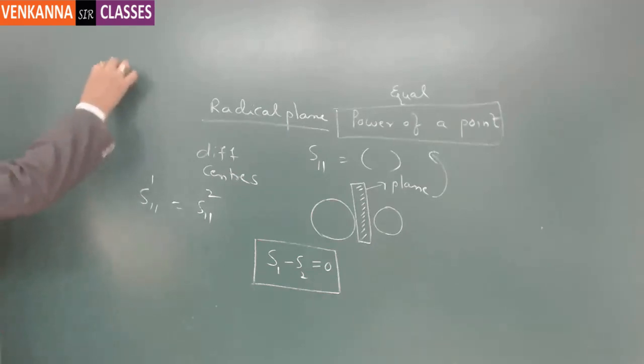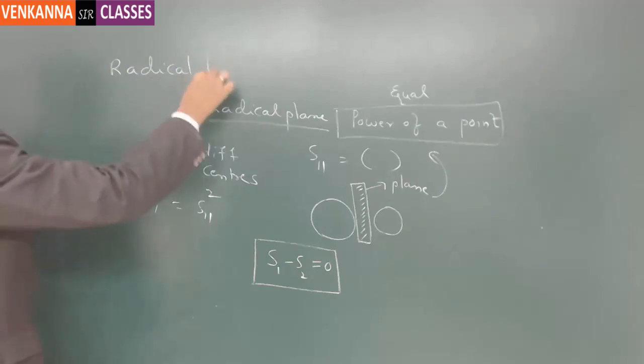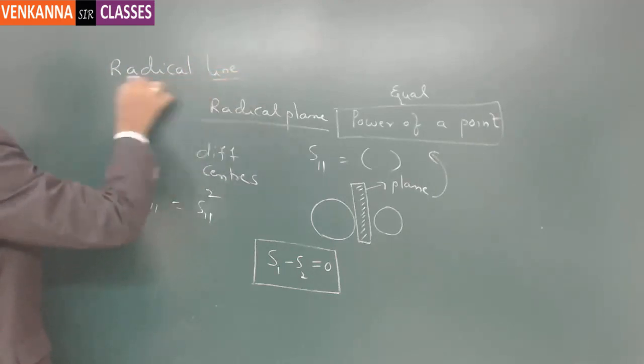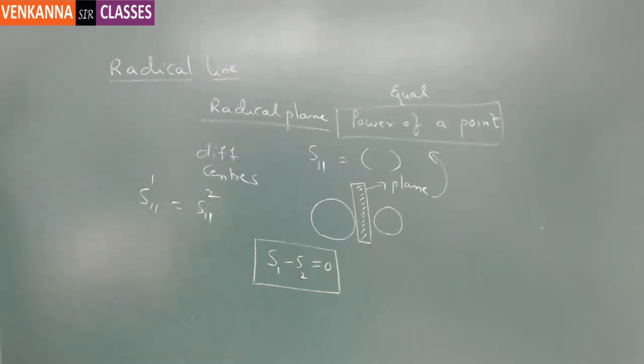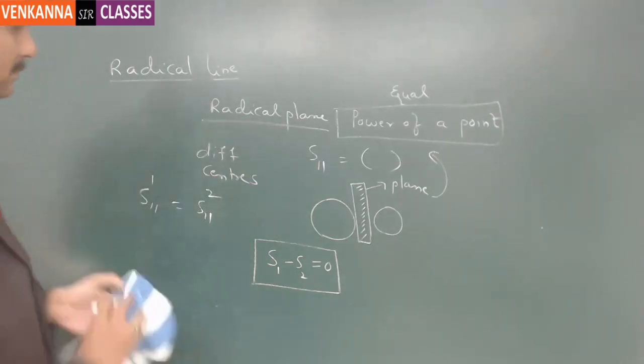The second one is the radical line. So what happens? You know that a line is nothing but the intersection of two planes. So let us consider three sphere equations.